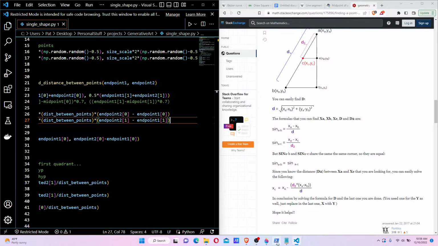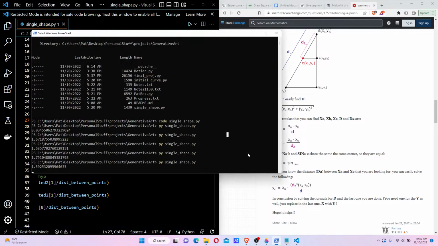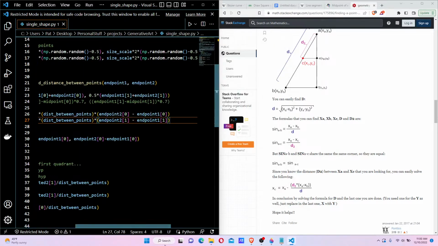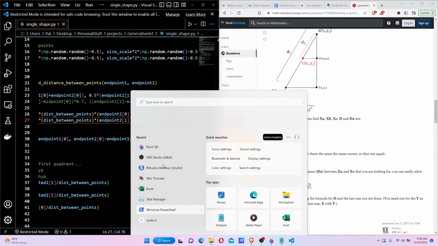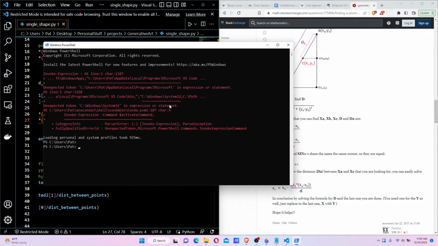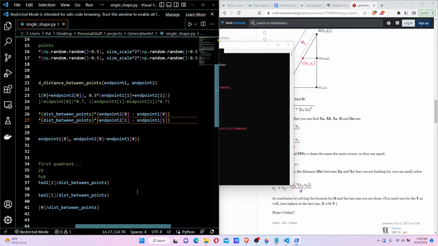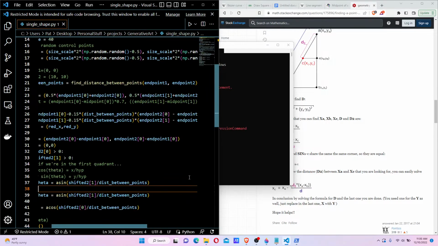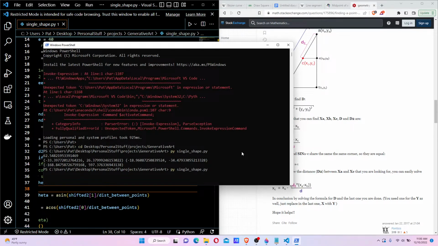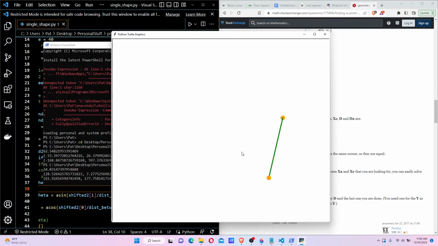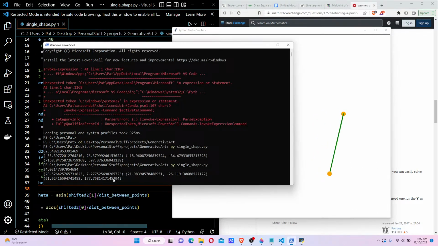Save it, open up a new PowerShell. Oh that's wrong, did I save this? Yeah, it still goes way off.